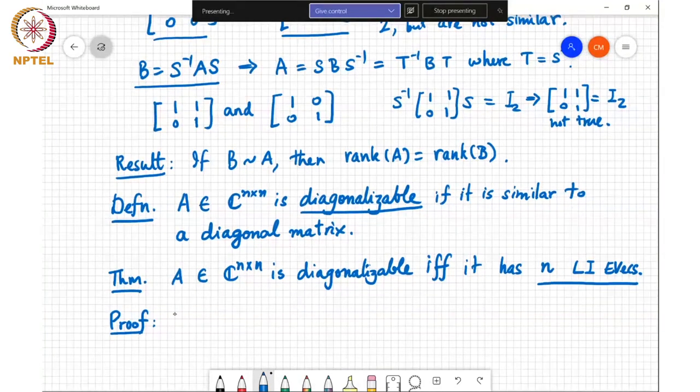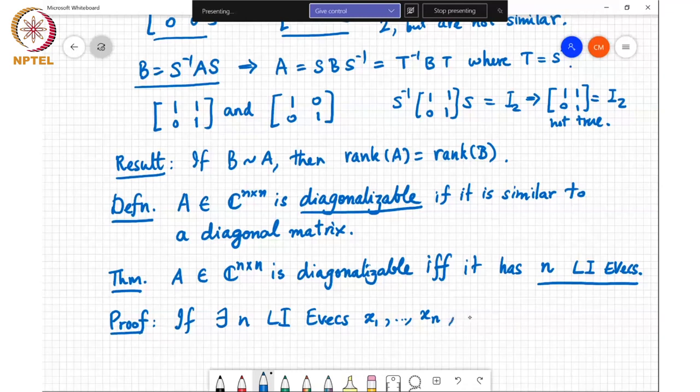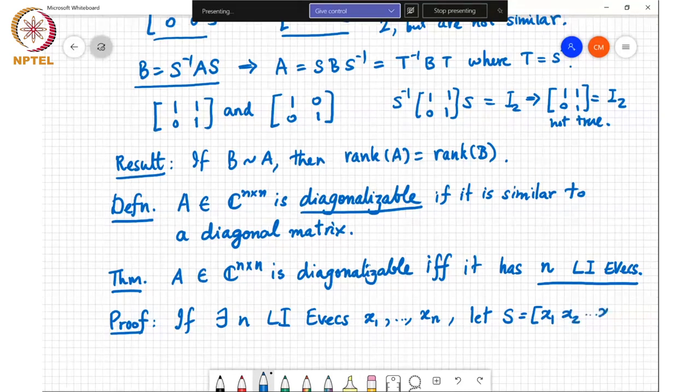If there are n linearly independent eigenvectors x1 through xn, then let the matrix S just be a stacking of these vectors: x1, x2, through xn.